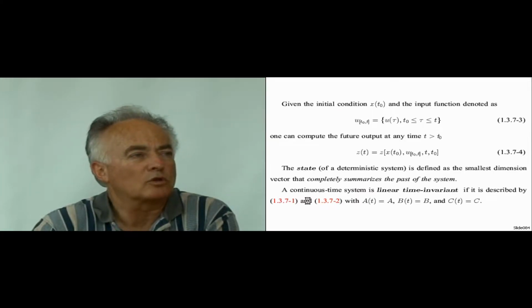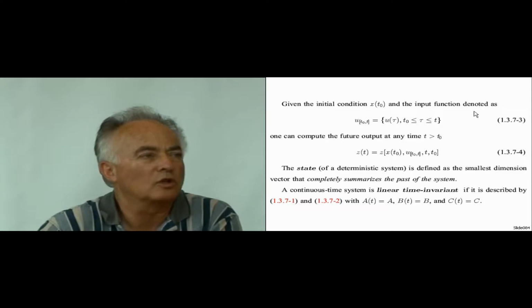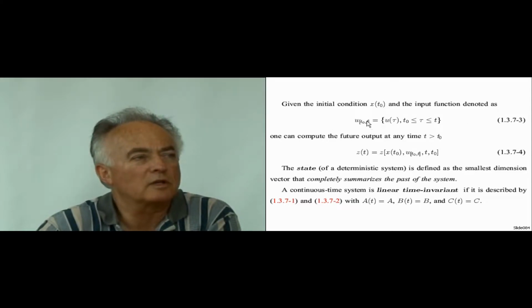Given the initial condition of the system x at some time t0, the reference time, and the input function u in the interval t0 to t, which is a function u of tau with tau between t0 and t, you can compute the future output at any time t greater than t0, that's z of t, a function of the initial condition, the input function within this time interval, and the points defining this time interval.